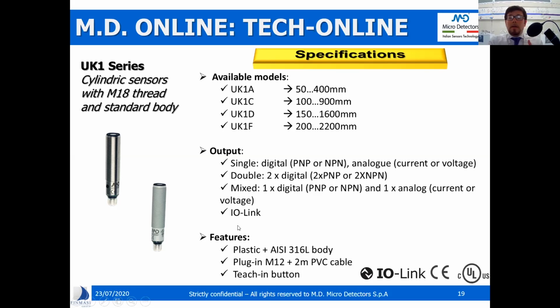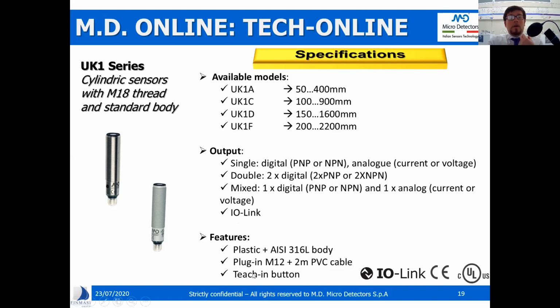What about the main features of these products? First of all, we have both plastic and metal products with the AC316L body. Then, with respect to the electrical connections, we have both M12 plug-in models and cable models.